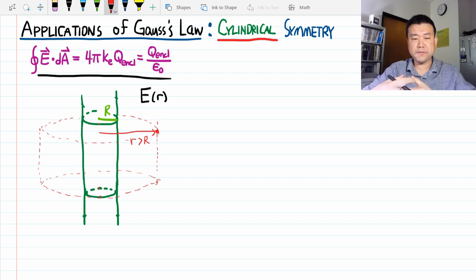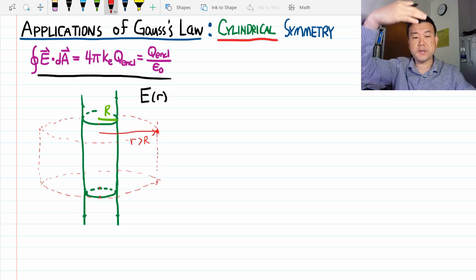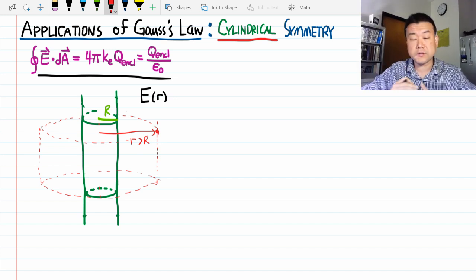We can't have this Gaussian surface be an infinitely long cylinder, because then it won't be a closed surface. The one part of using Gauss's law you have to remember is that it only applies to a closed surface. So you have to close up the surface somehow so that we can actually use Gauss's law. And the way to do it is to close it up with these end caps that I drew here.